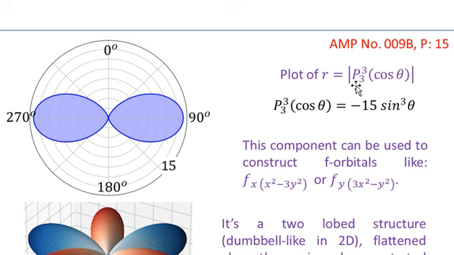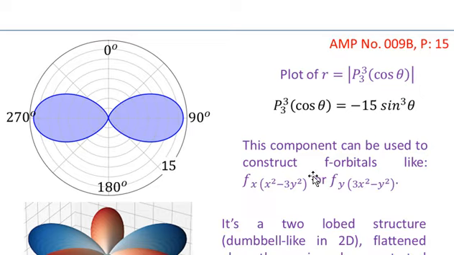If you plot the associated Legendre polynomial corresponding to P33, that is for L equal to 3 and M equal to plus 3, you will find this wave function. So P33 as a function of cos theta is equal to minus 15 times sine theta to the power 3.